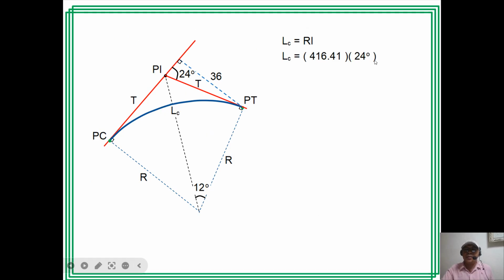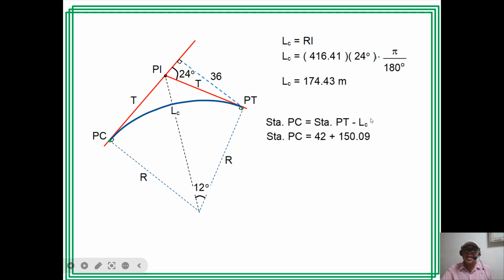Then, I is 24, but convert the angle I into radian, multiply by pi over 180. So, this is 174.43 meters.